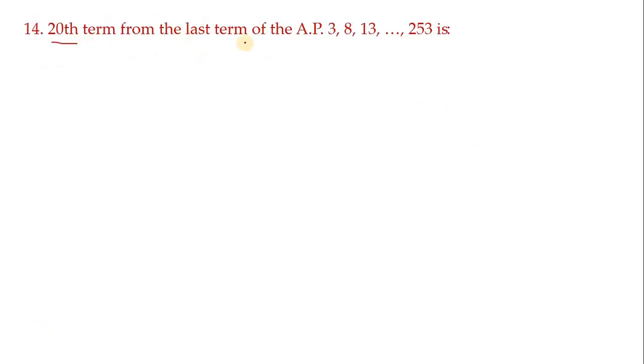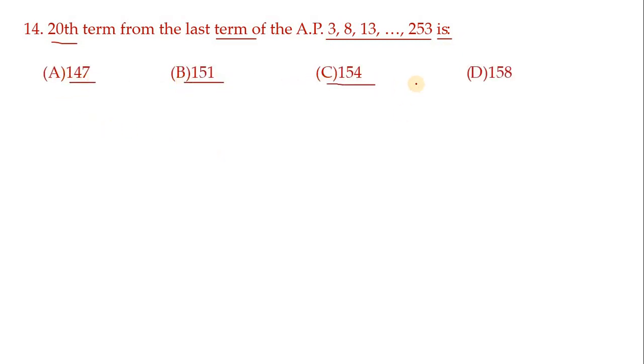So next let us move on to another one. 20th term from the last term of the AP: 3, 8, 13, and so on, 253. Options are 147, 151, 154, 158. So what we want to find here is the 20th term from last. From last means from this side we have to find the 20th term.